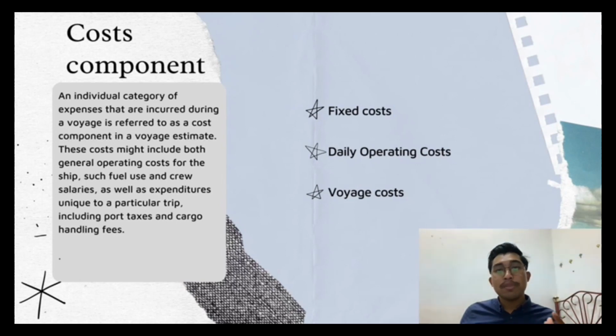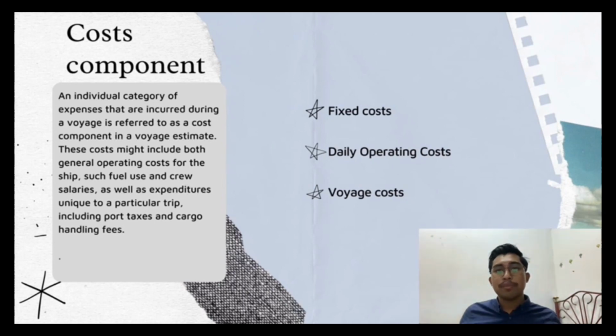The cost elements in a voyage estimate can be divided into a number of categories, including fixed costs, daily operating costs, and journey costs. To estimate a journey accurately, it's crucial to grasp the specifics of each category of charges because they each have their own features.